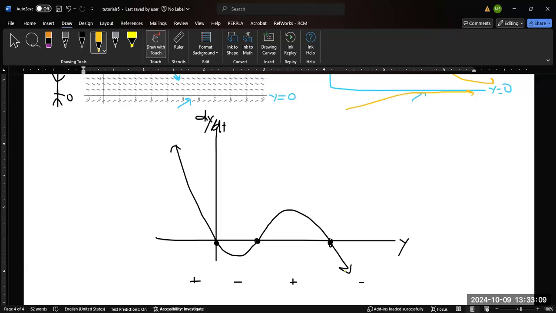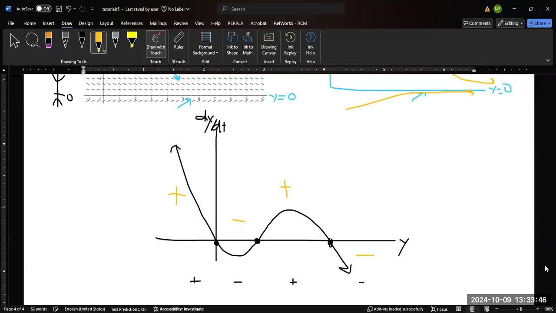So this phase plane is going to tell you that on this side of the graph, for values that have y less than 0, that's going to be positive because the curve is above the x-axis. Between 0 and 2, the curve is below the x-axis, so that's going to give us negative values for the slope. Here, we flip the sign again. That'll be positive values for the slope. And then when we go back past 6 again, we'll return to negative values of the slope.